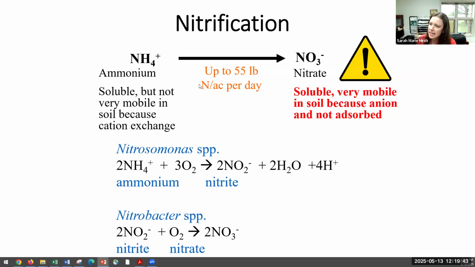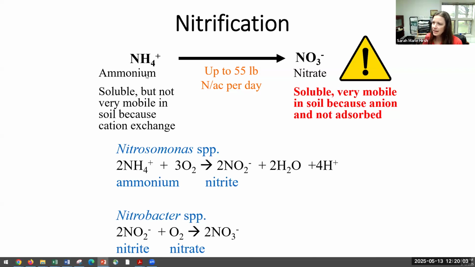The issue is that there are issues with both ammonium and nitrate. So you kind of have to think about all of these forms of nitrogen as leaky in some way. But the nitrate is soluble, and with the rain events, it's going to leach down through the soil and be lost.